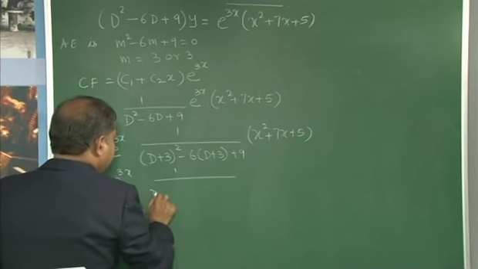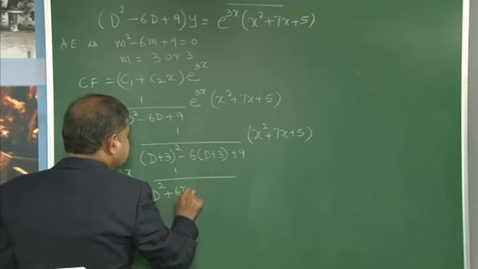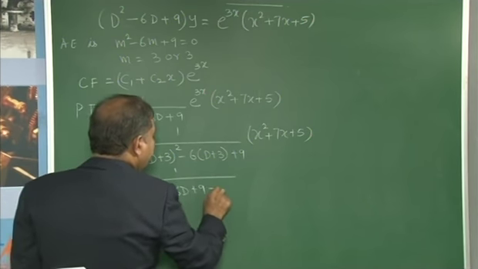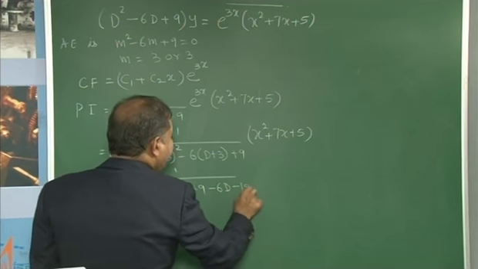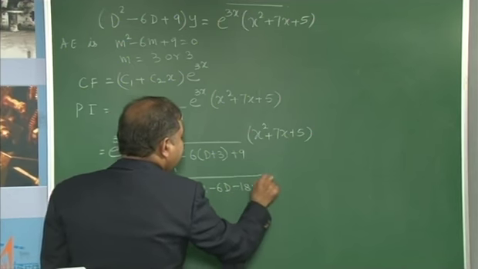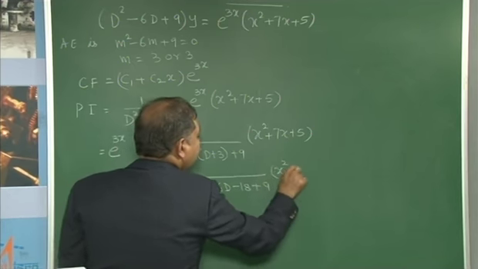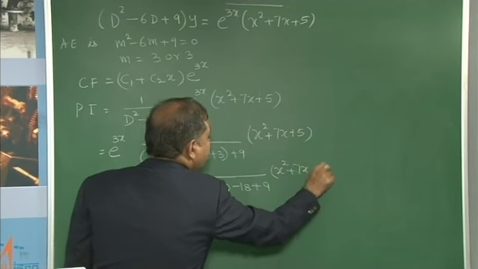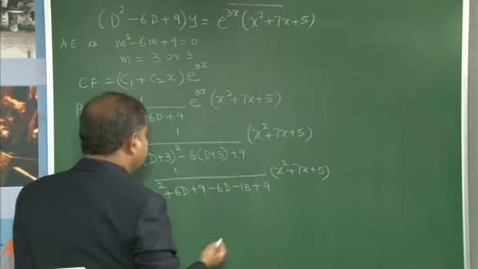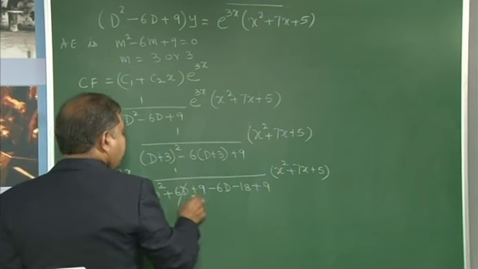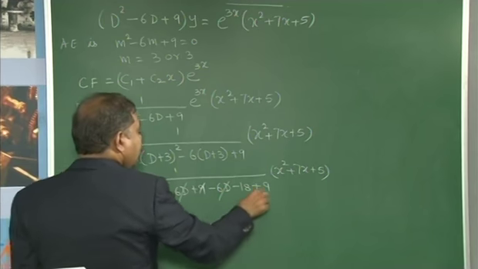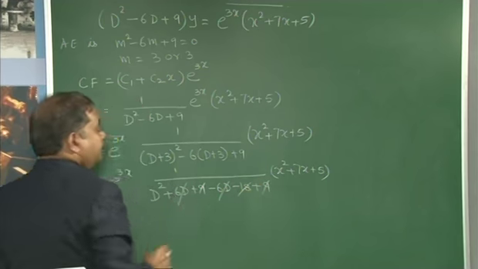For type 3, D squared plus 6D plus 9 minus 6D minus 18 plus 9. There is a particular case: 6D cancels, 9 plus 9 minus 18 is 0.